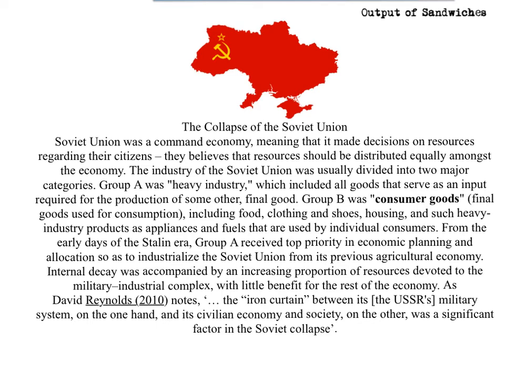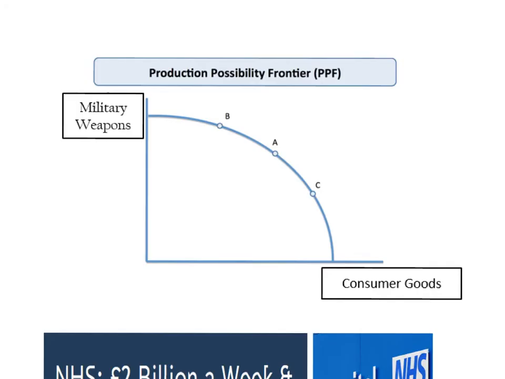Now, to illustrate this within a diagram, I've drawn a PPF again. As the PPF shows, you've got military weapons or Group A products, heavy industry obviously, or you've got consumer goods for the everyday person. The issue was that they were opting for B, and they were going more for military weapons.